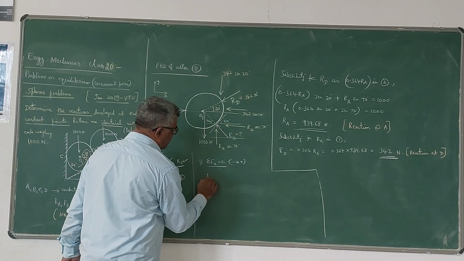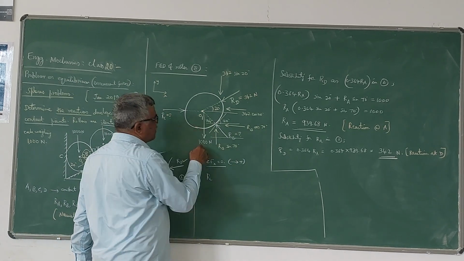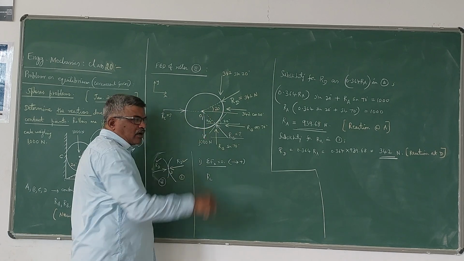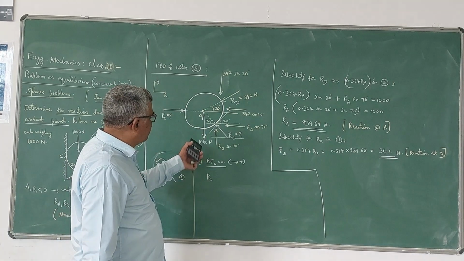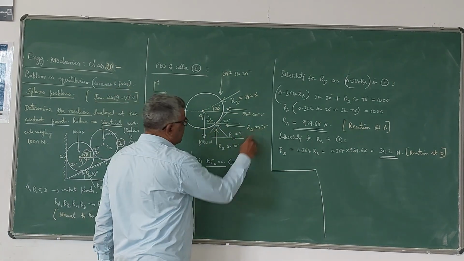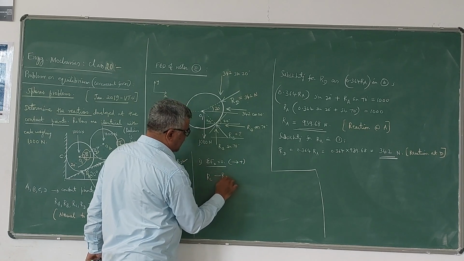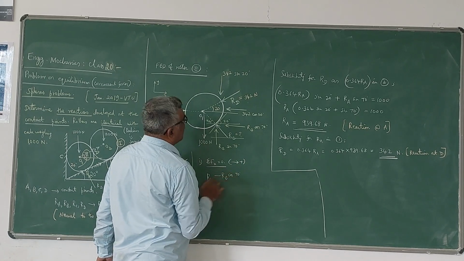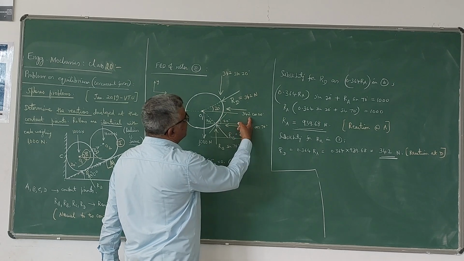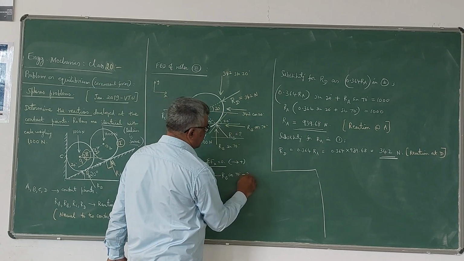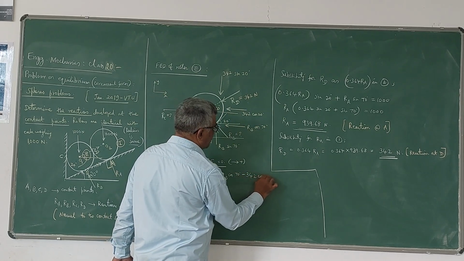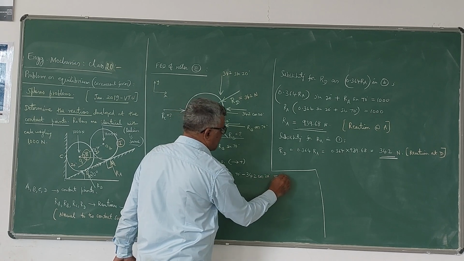RC is positive. This 1000 Newton doesn't have any horizontal component, therefore no force contribution from this. RB cos 70 is negative because it is acting towards left, and this 342 cos 20 is also towards left, minus 342 cos 20, so this should be equal to 0.